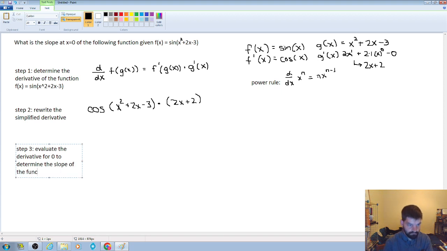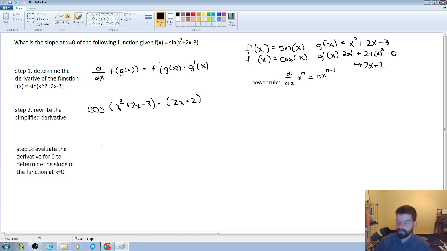Okay, so our whole goal behind this was to be able to determine the slope, which is the instantaneous rate of change at x equals 0 for this function. But in order to do so, we had to be able to do so at its derivative.